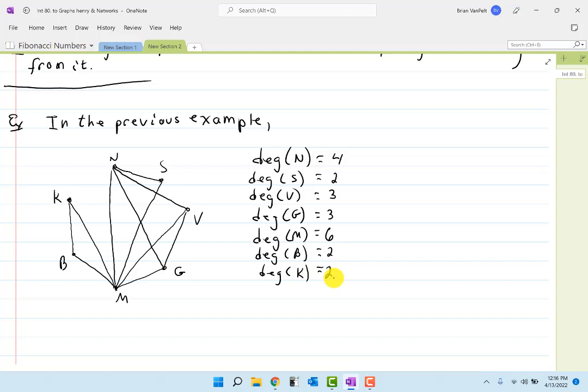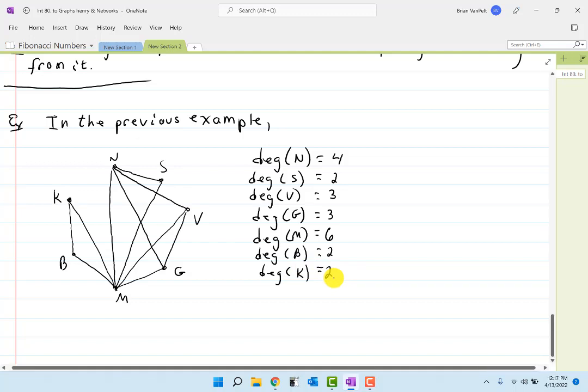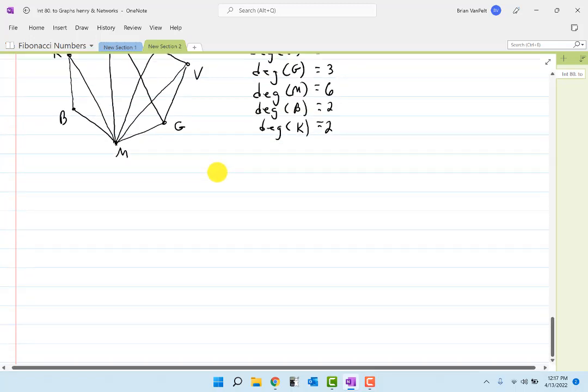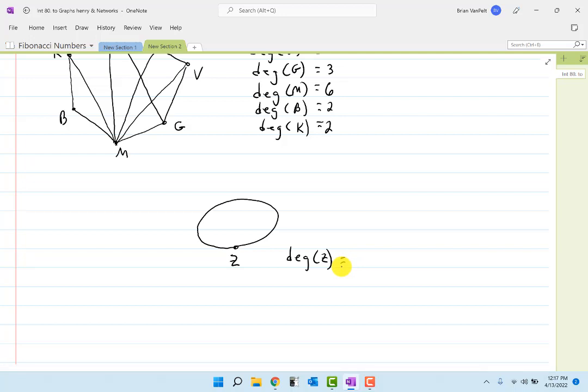This is perfectly fine for these kinds of graphs, but there's a couple of situations for which they've had to come up with exceptions or some sort of a specialty. What exactly is the degree of, let me call it Z, this thing? Oh, I drew my loop wrong. What exactly is the degree of Z? Some might say 1, but really you have to think of the edges that are coming out of it.